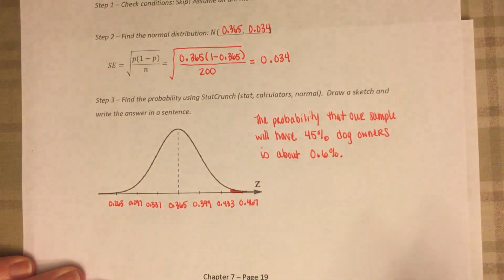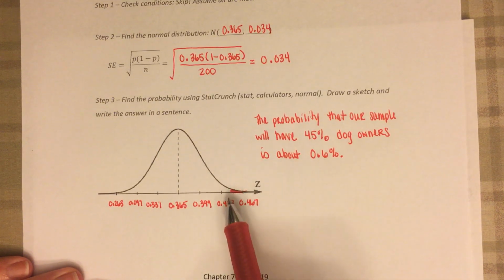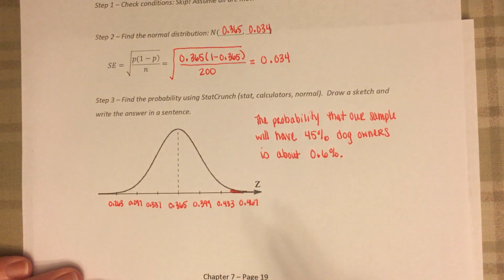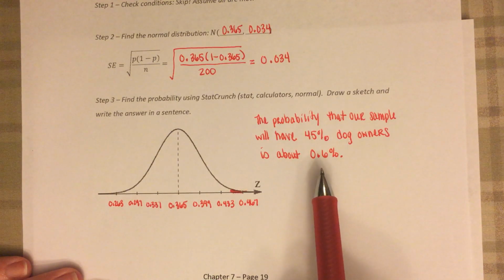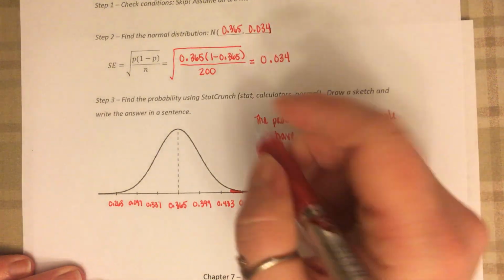So using our normal calculator in StatCrunch, we get 0.6%, which is this tiny little area down here. Both looking at our picture and both looking at our percentage, this should be surprising.